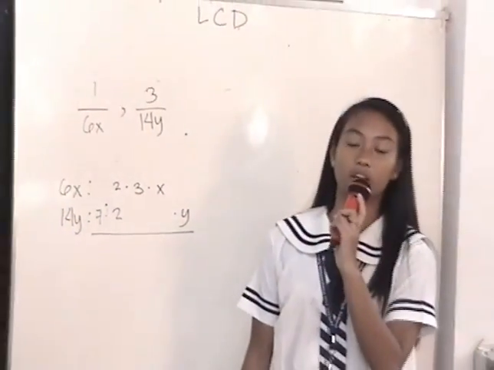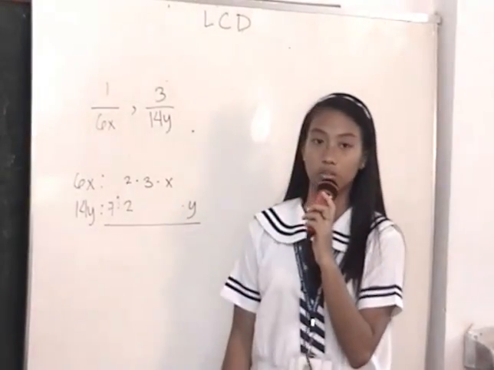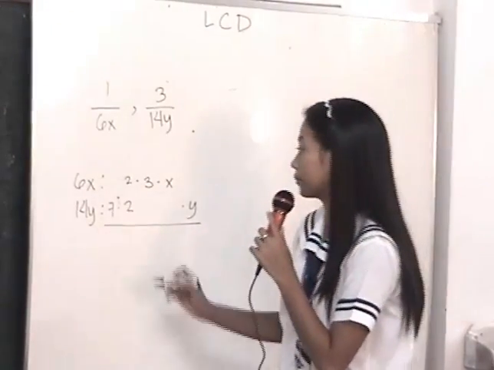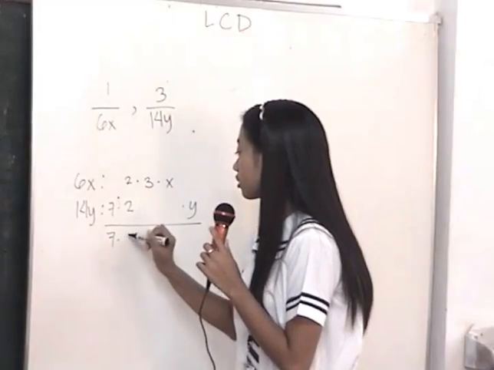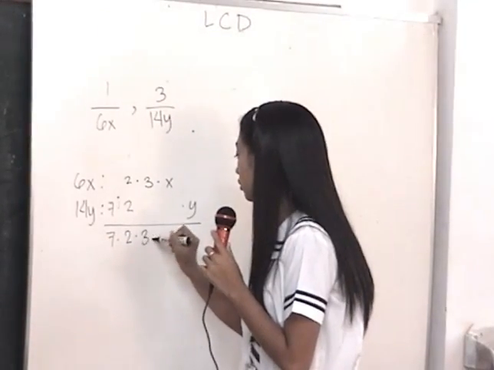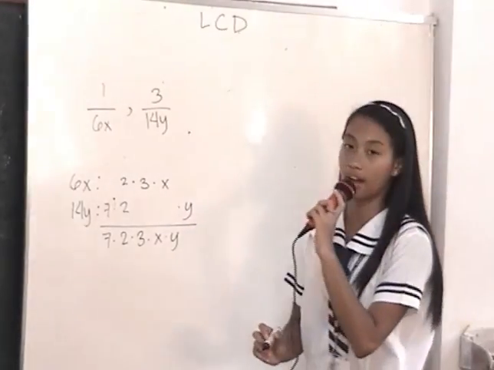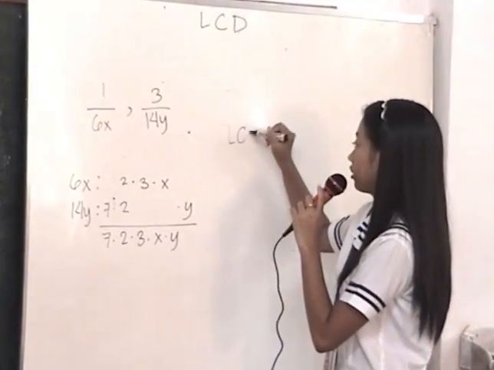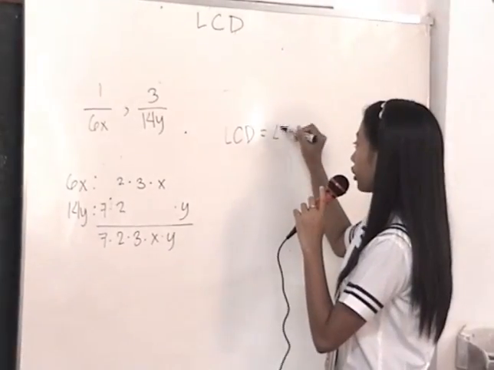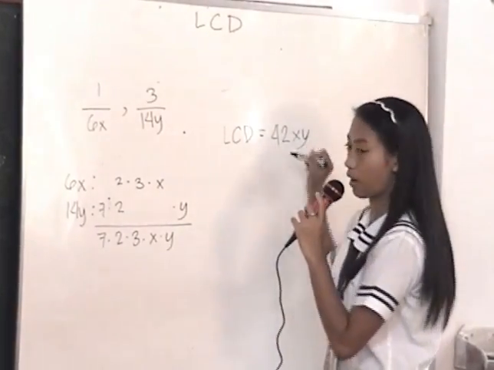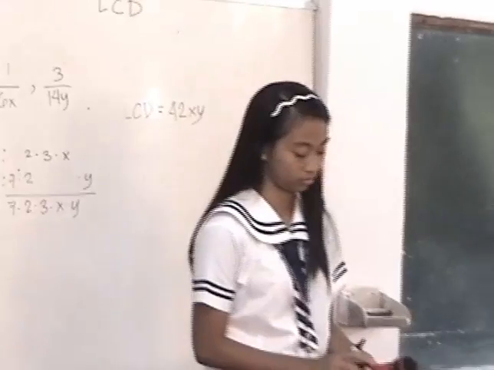We need to align common values because a common value is considered as one factor. So we have the LCD of 42xy. Okay, thanks a lot, Miss Angeles.